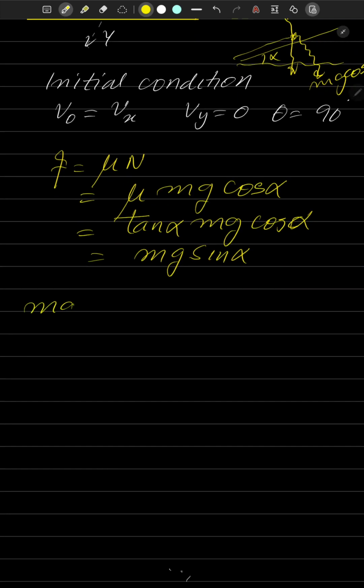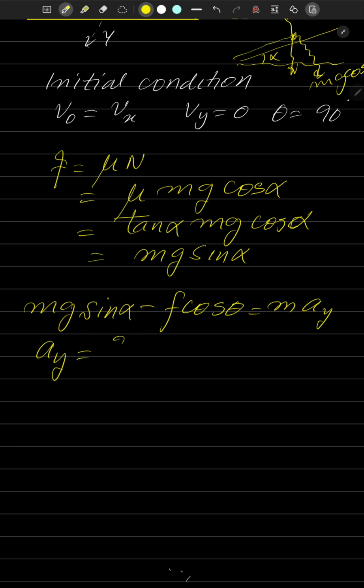This is mg sin alpha minus the component F cos theta, that will give you m a along y. So ay is g sin alpha minus f by m cos theta. This is acceleration along y.